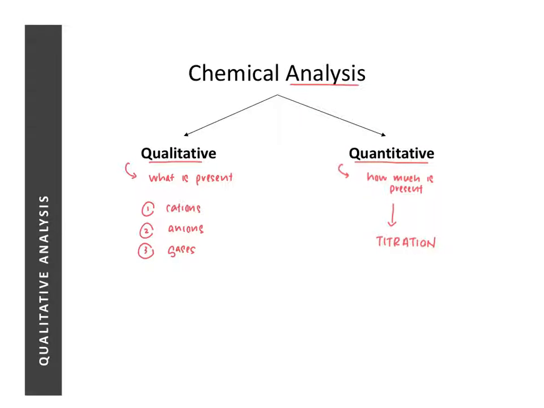So in this chapter, we are going to look at experiments or chemical tests that we can perform to find out whether a particular cation is present in a mixture, or a particular anion or gases are present in a particular mixture.